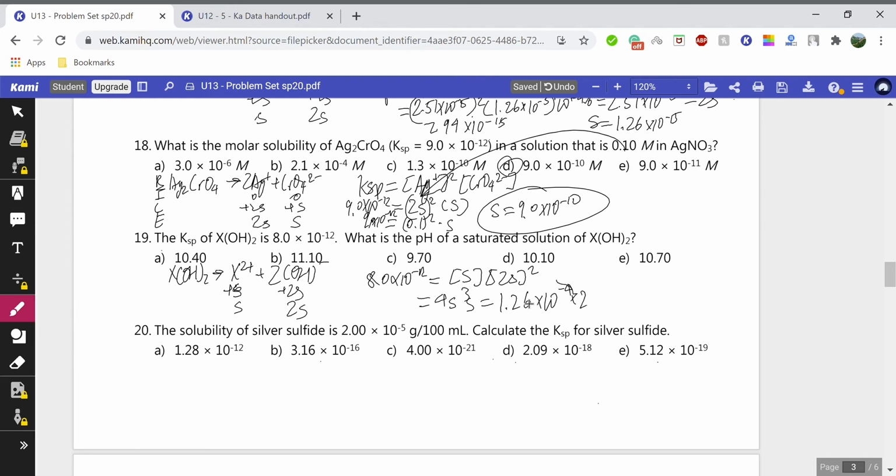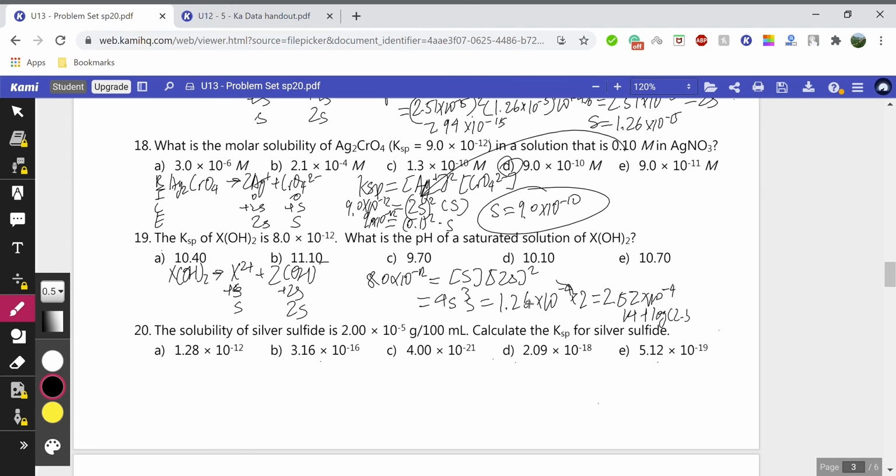That will be 2.52 times 10 to the negative 4th power, and we take 14 plus the log of 2.52 times 10 to the negative 4th power, because that is the concentration of OH minus. 14 plus the log of that number gives a pH of 10.40. So our answer is A.